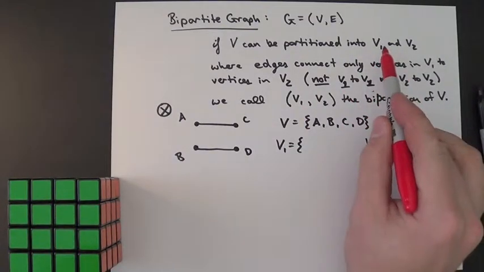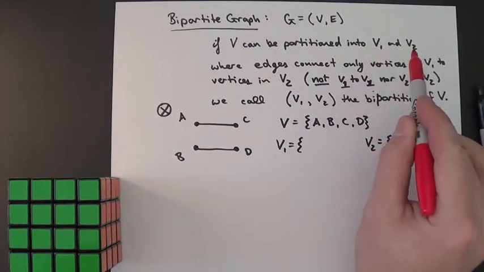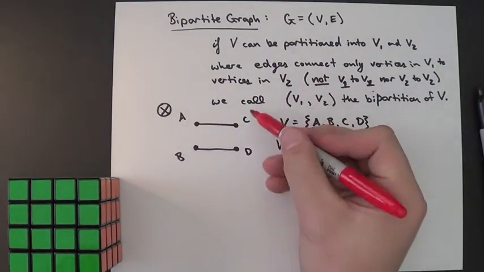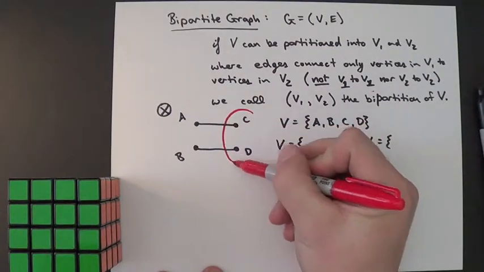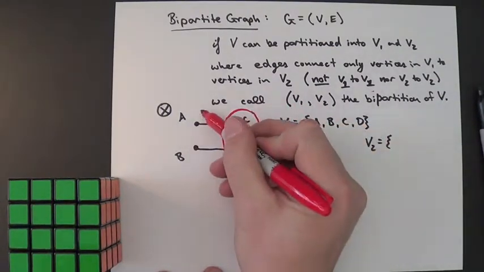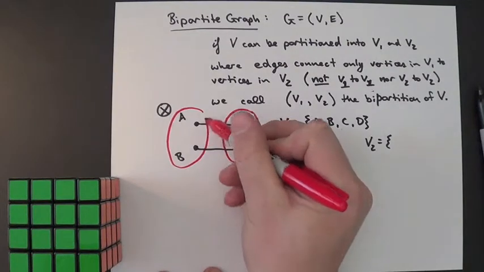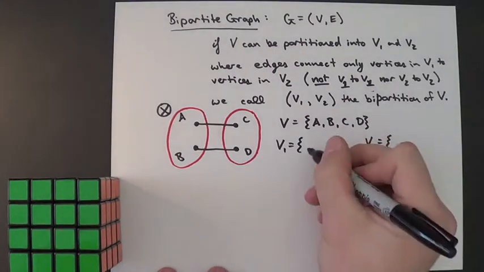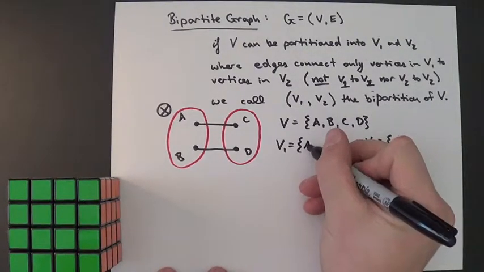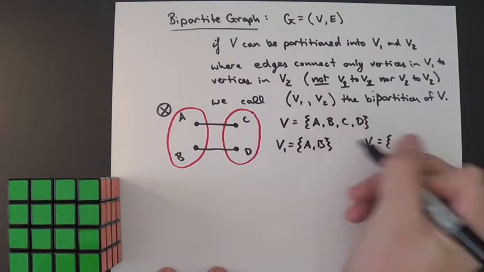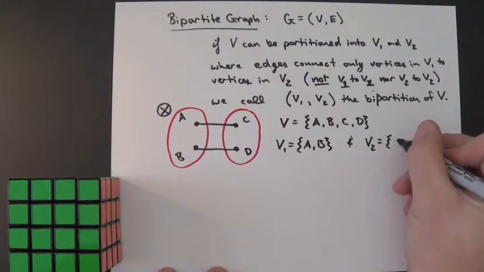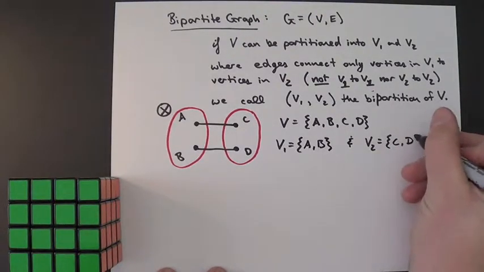We want to connect V1 to V2, not V1 to V1 and V2 to V2. So the correct partition would be to group these two vertices and these two vertices. If we do so, then V1 is the set containing A and B, and V2, arbitrarily named, is the set containing C and D.